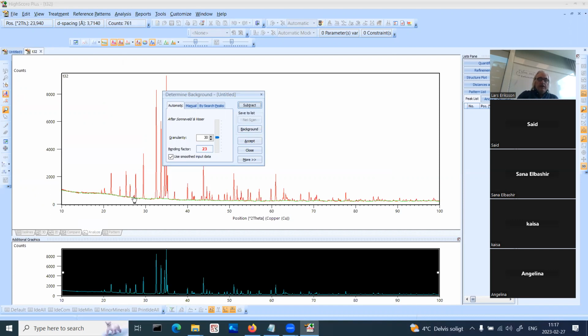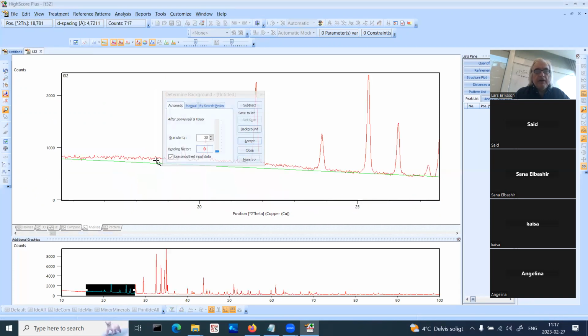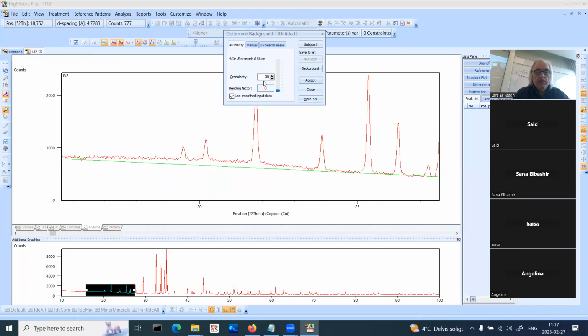There is a green line down here, and if you change this granularity, if you take it down to a very small value, then you see that the background will move around like that.